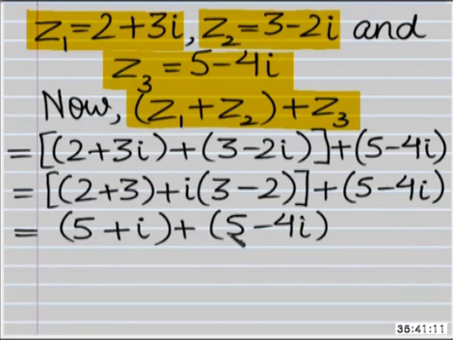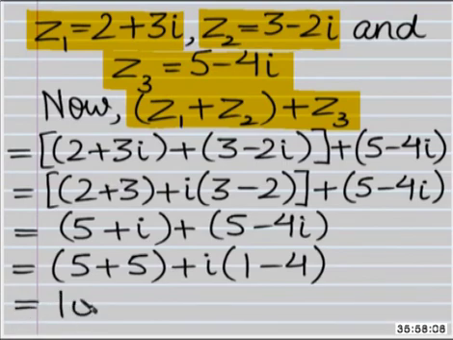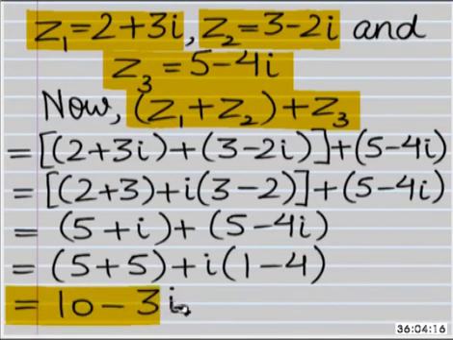Again, combining the real and imaginary parts and then solving, it is equal to 5 plus 5 plus iota whole multiplied by 1 minus 4, which is equal to 10 minus 3 into iota. Let this be equation number 1.